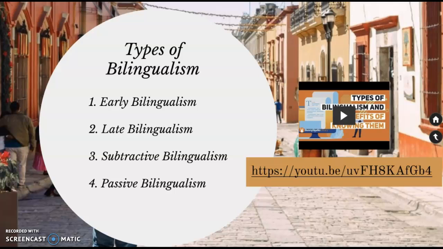This is when these individuals learn a second language at the cost of their first. So they learn to speak and understand, but the ability to speak their first language decreases. And the fourth type is passive bilingualism, in which the individual can understand the language but has very little ability to speak the language.